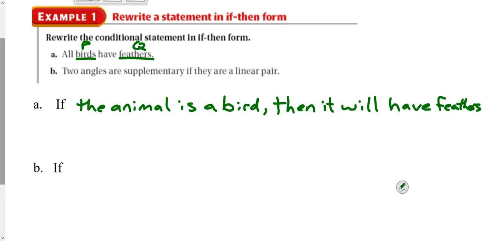If the animal is a bird, then it will have feathers. So we're able to turn that statement, all birds have feathers, into an if-then statement. So that is our conditional.